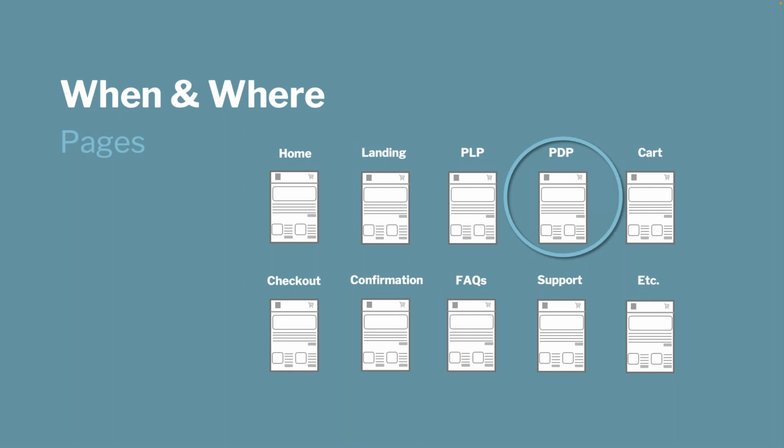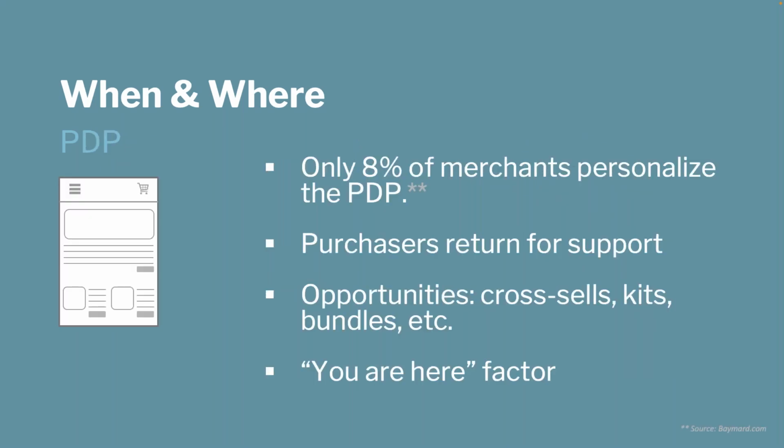So let's talk about the PDP specifically, or the product detail page. An interesting statistic, and the source of this is the Weimar Institute, is that only 8% of merchants currently are personalizing the product detail page.